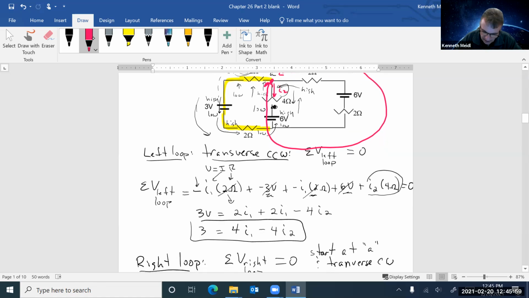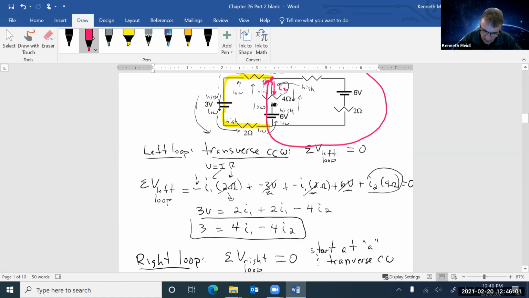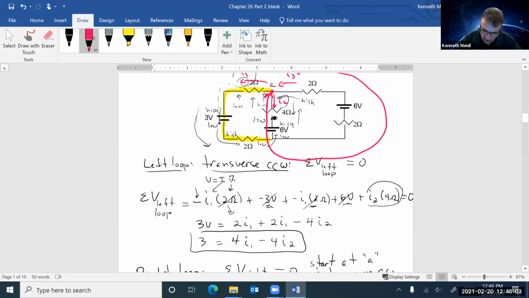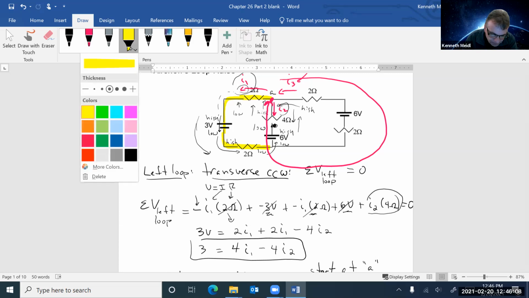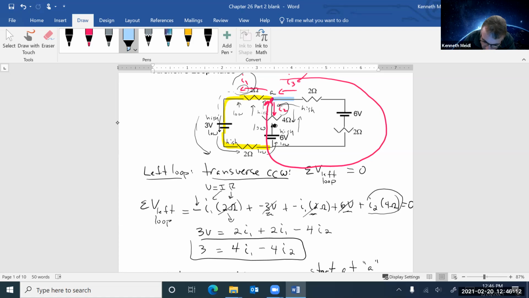I'm going to start at A, come this way, and go across that resistor. Now take a look at how I chose the direction of I3. If I3 is really coming that way, this is the high energy side, and this is the low energy side of the resistor.